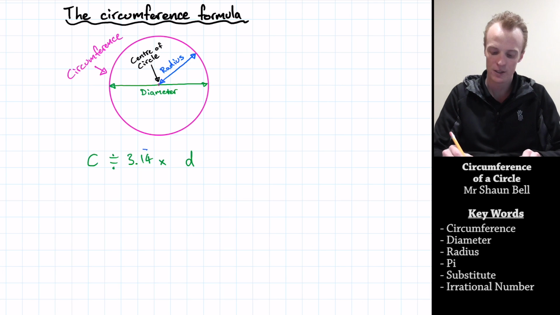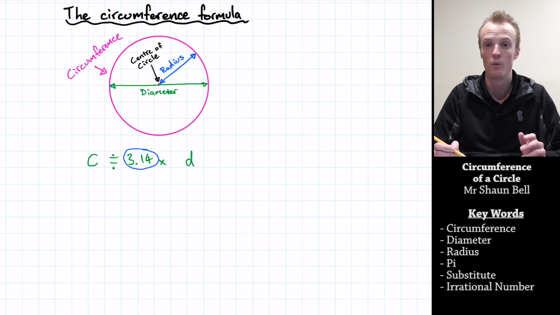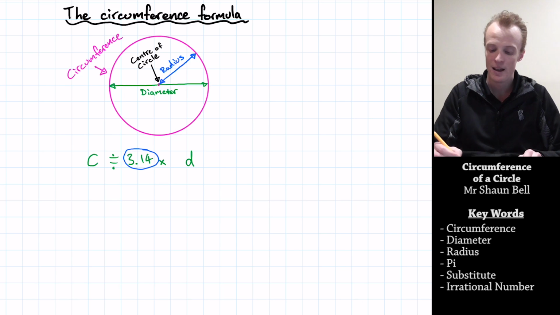But why am I saying it's only approximately 3.14? Why don't I give you the exact value? Well, that's because the exact value is an irrational number. It's a never-ending decimal that never repeats. And that irrational number is known as pi.